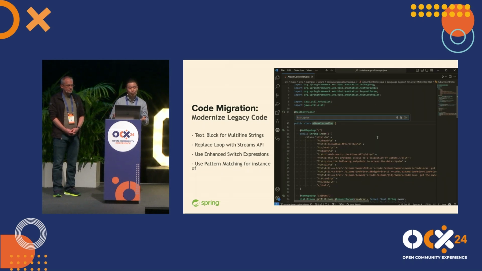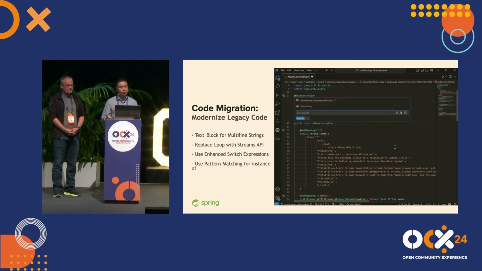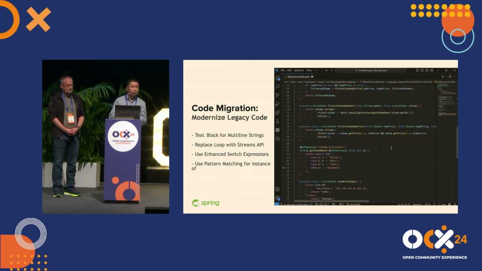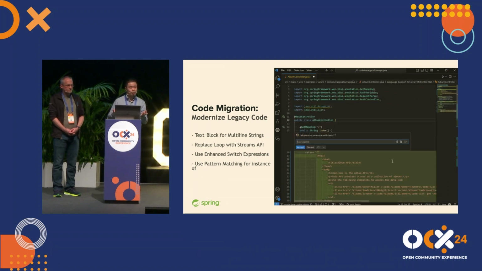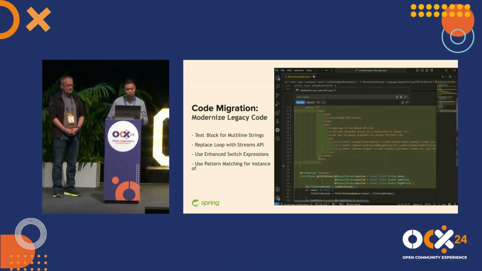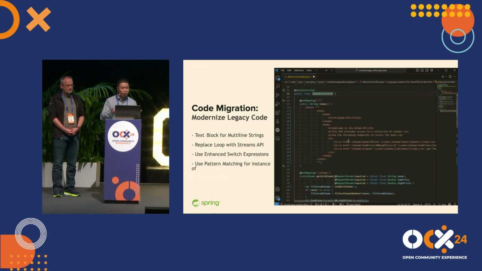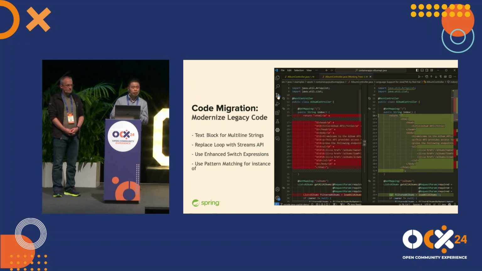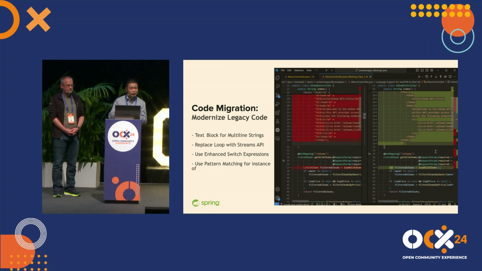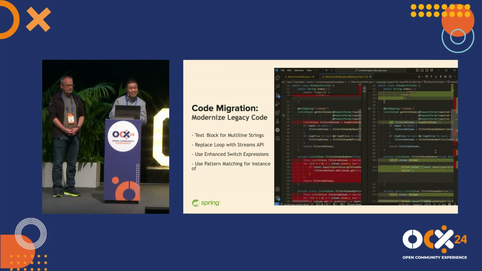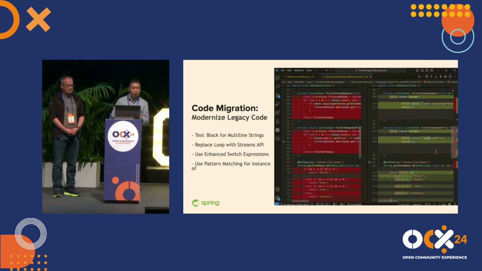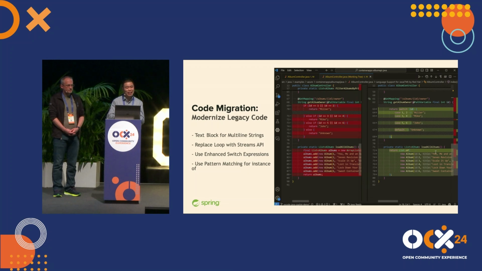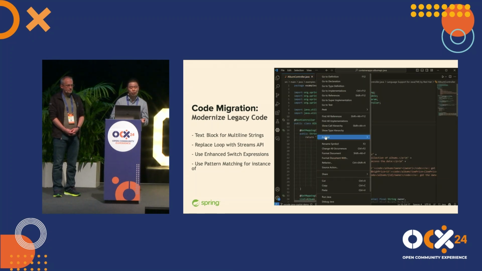The third scenario is about code migration, such as modernizing your legacy code with the new Java standard or migrating code between different frameworks. Take modernizing legacy code as an example. Nowadays, the JDK is evolving faster and more syntax sugar is invented, so you can use the new syntax to simplify your code.